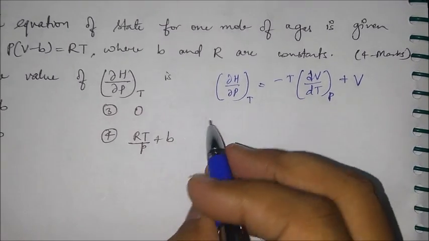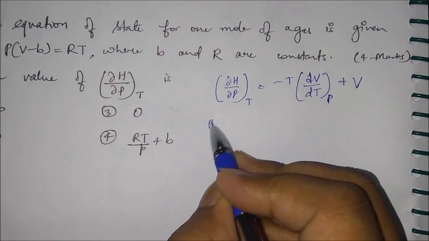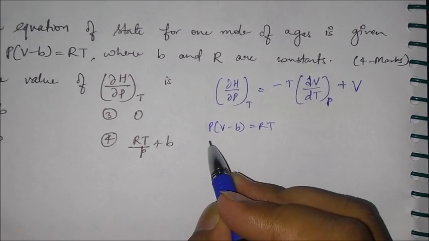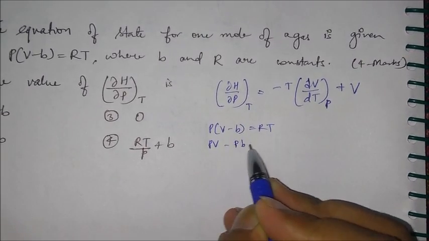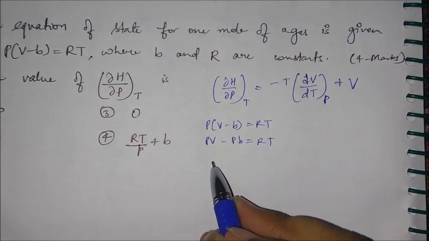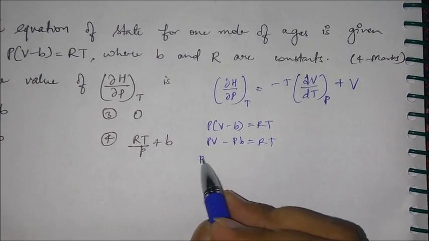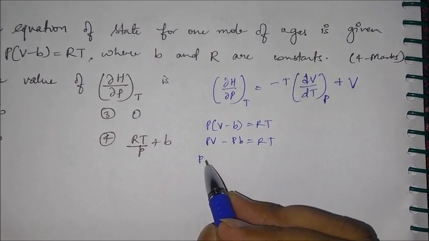So let's take what is given here. We have P(V minus B) = RT. Let's multiply and expand: PV minus PB = RT. Now let's differentiate it with respect to T, taking P as constant. Since P is constant, P will not be differentiated.